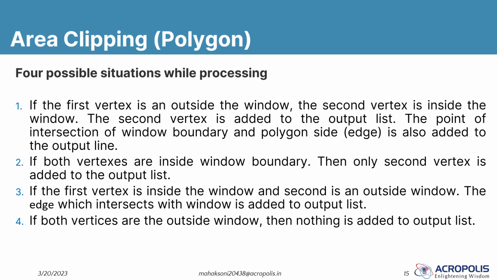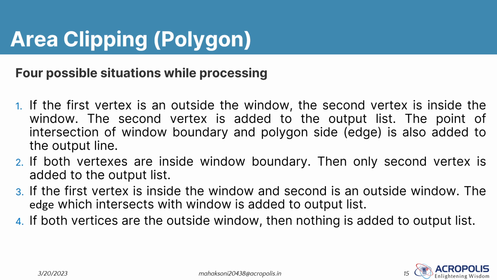If both vertices are inside the window boundary, then only the second vertex is added to the output list. If the first vertex is inside the window and the second vertex is outside, then the edge which intersects the window is added to the output list. If both vertices are outside the window, then nothing is added to the output list.